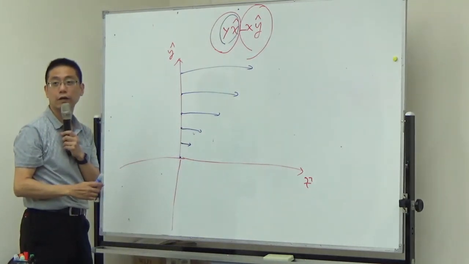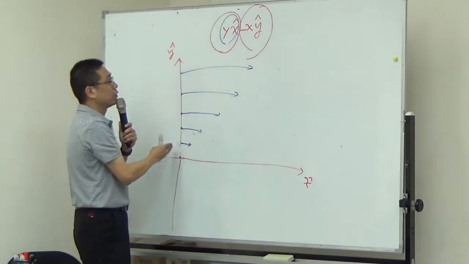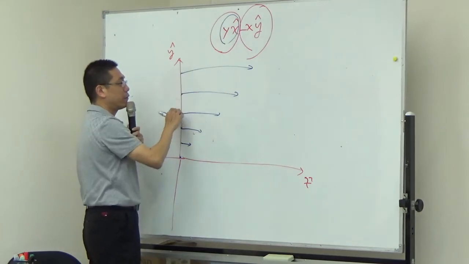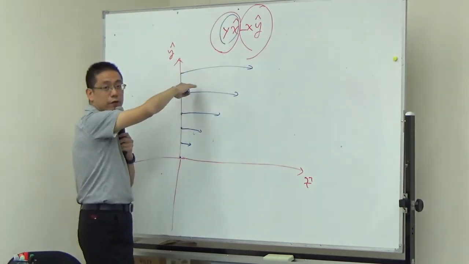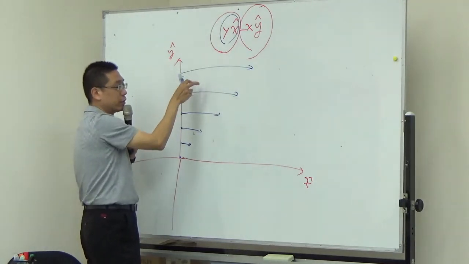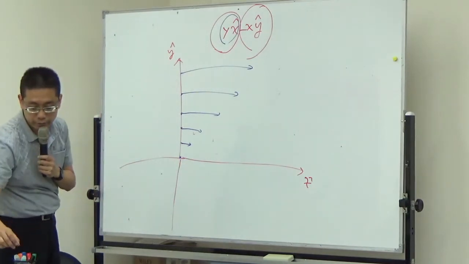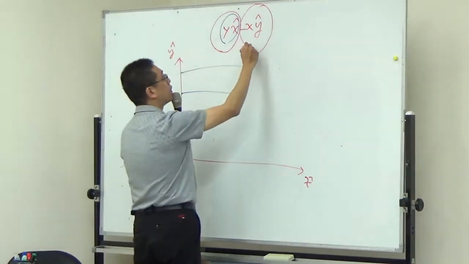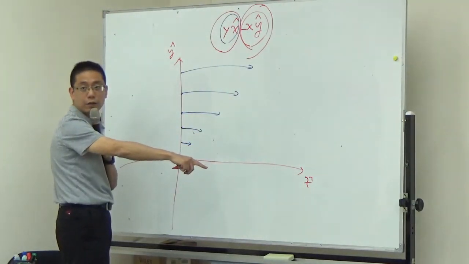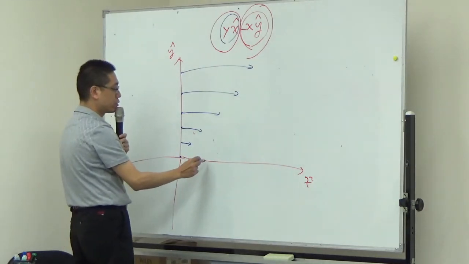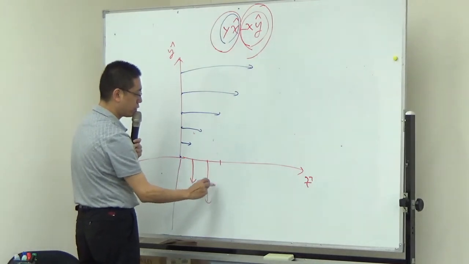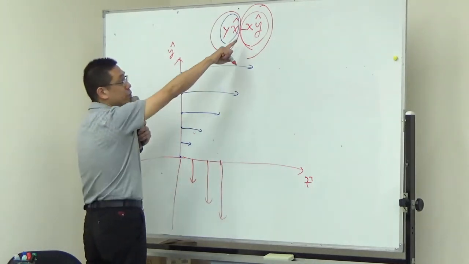So if y is changing, at every position with the same vertical position, the magnitude is the same. For this part, it's changing according to x, right? So as x changes, it goes to larger and larger y, and the direction is minus y, right?